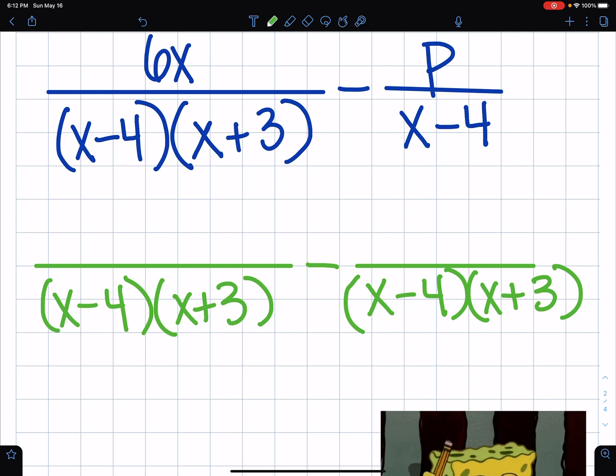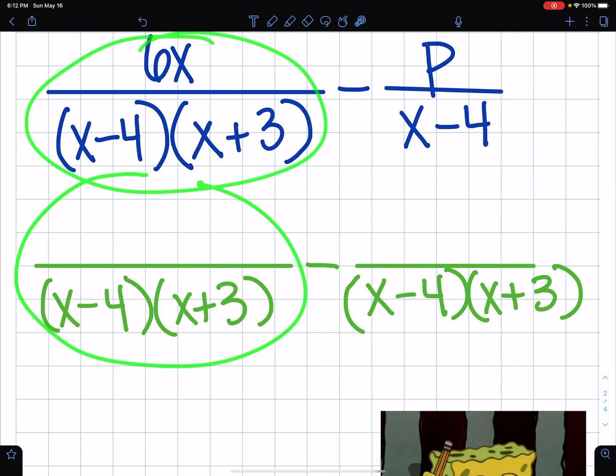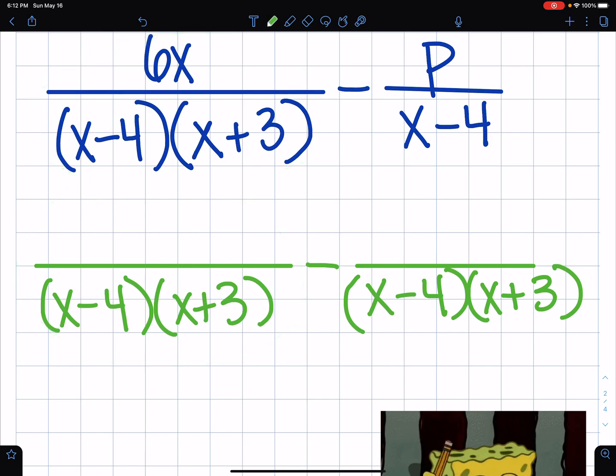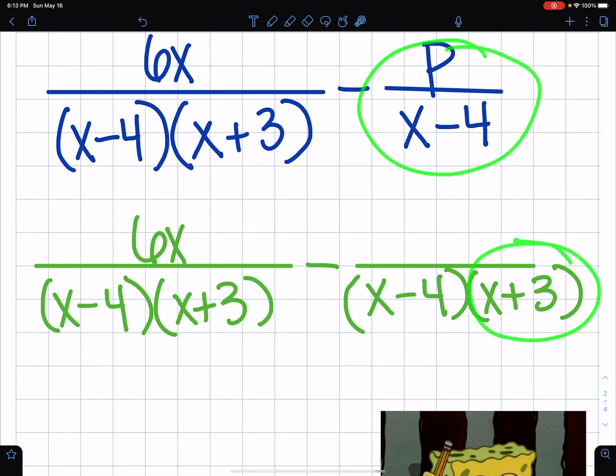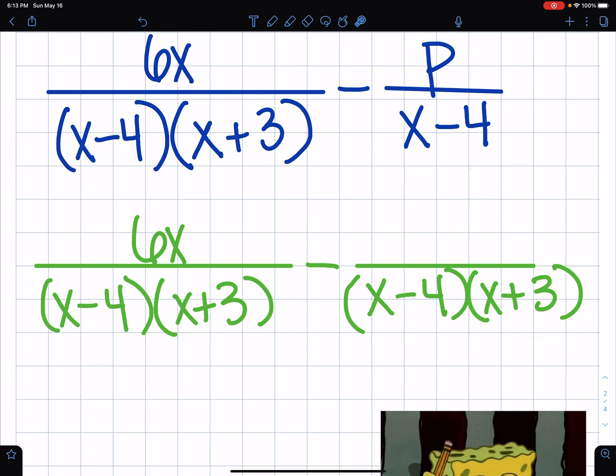Okay, so on this fraction, the way I turned this into this, I didn't have to do anything. So the top stays the same. It's going to be 6x. But what about this one? What did we have to do to the top and the bottom? We had to multiply by x plus 3. So I'll write that step. P times x plus 3.